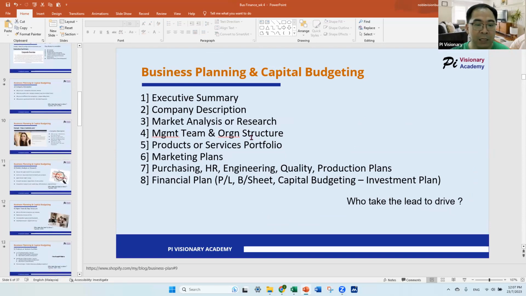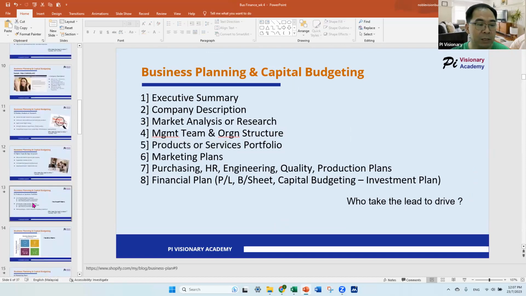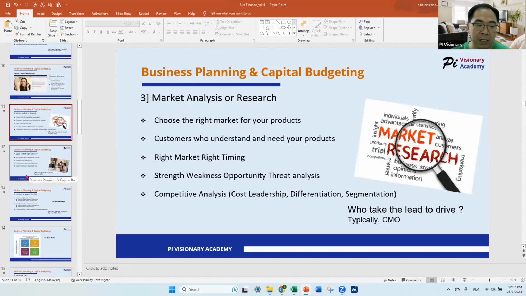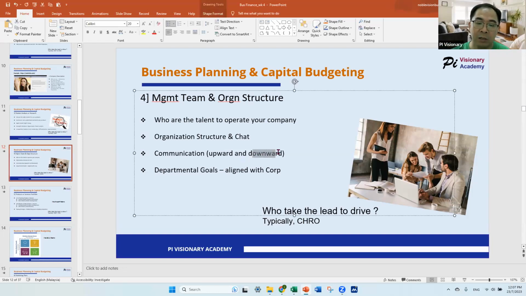it involves communication. When the top objective is done, then you need to communicate from the top down. This is called downwards.